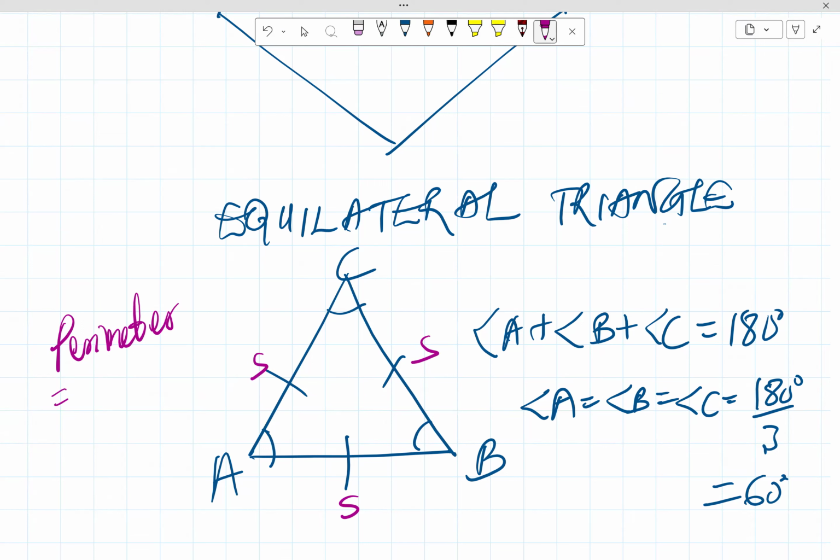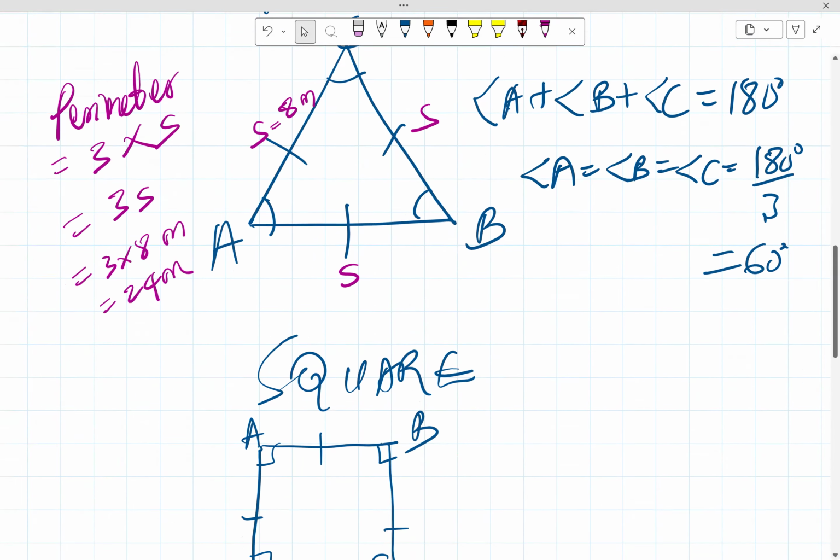So perimeter will simply be the number of sides, for a triangle that's 3, times the side S, so that'll be 3S. If S is 8 meters, we have 3 times 8 meters, which is 24 meters for that equilateral triangle.